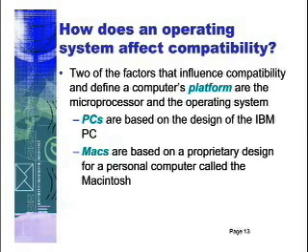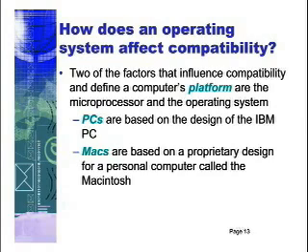The Windows operating system was designed specifically for these personal computers, and therefore the PC platform is sometimes called the Windows platform. Macs are based on a proprietary design for a personal computer called the Macintosh, manufactured almost exclusively by Apple Computer. The stylish iMac is one of Apple's most popular computers, and like other computers in the Mac platform, it uses Mac OS as its operating system.